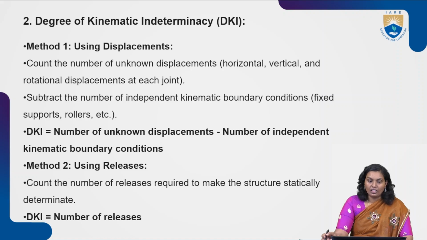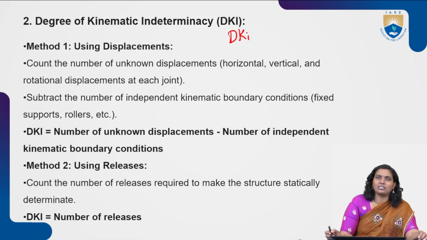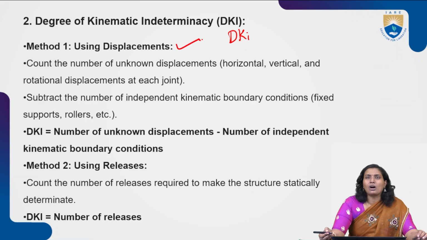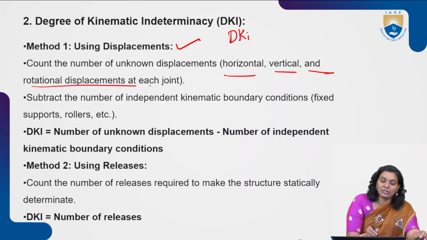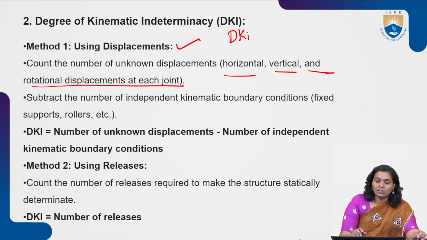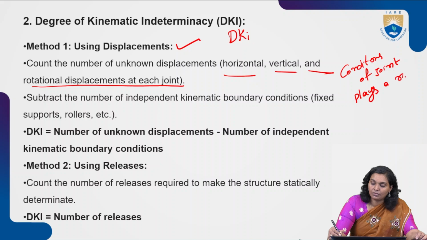Now the degree of kinematic indeterminacy using displacements is one method. Using releases is another method for identifying the degree of kinematic indeterminacy. Using displacements counts the number of unknown displacements, horizontal, vertical and rotational, at each joint. The condition of the joint plays a role in how many displacements we will get.